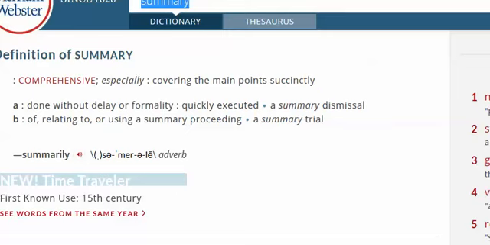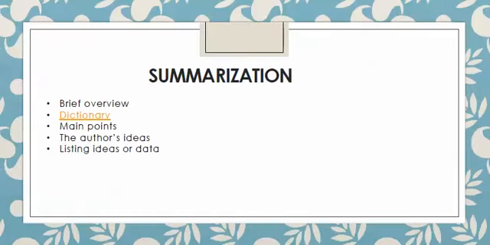So then, coming back to the presentation, it's the main points, the author's ideas. You are not interpreting here, you are restating what the test score gave you. That's all you're doing. So the author in this instance is the results from the test.